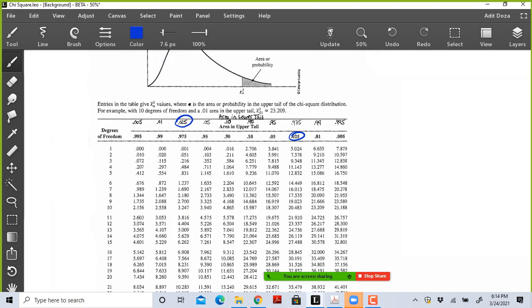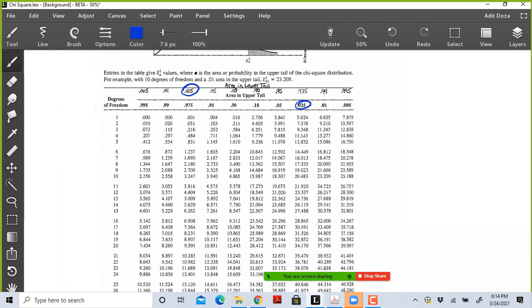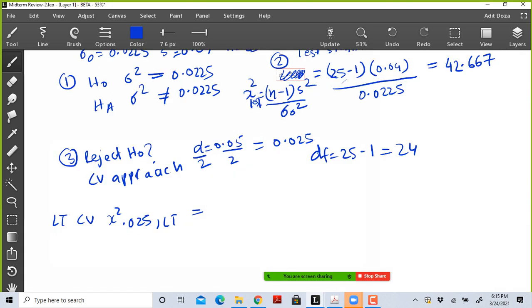So 0.025, 24. First let's find the lower tail critical value. It's here, right? 0.025, lower tail always in the upper row. So that is 12.401.